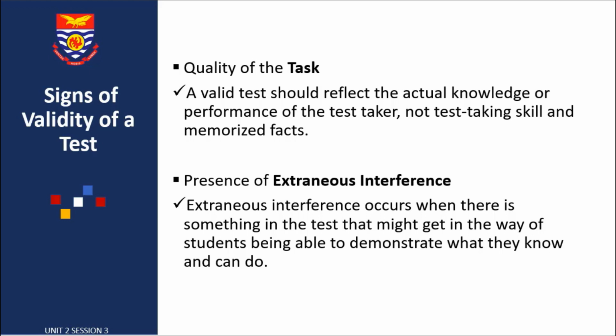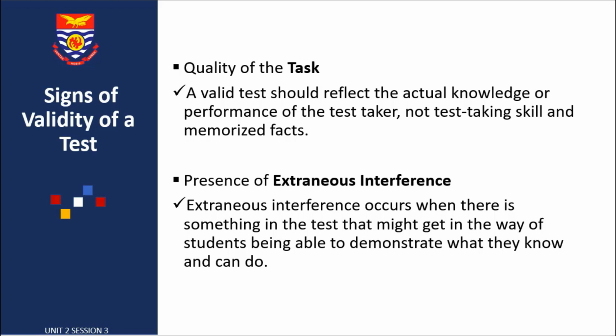Another sign of validity of a test is the absence of extraneous interference. Extraneous interference occurs when there is something in the test that might get in the way of students being able to demonstrate what they know and can do.